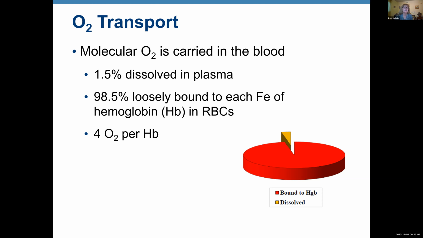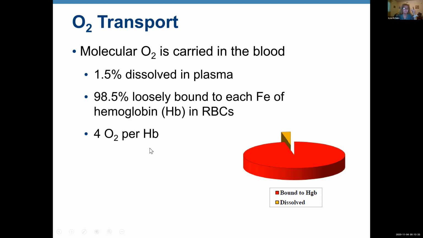Red blood cells' major job is to transport oxygen, and they have this hemoglobin molecule. Hemoglobin means globin is protein, and heme is this pigment that has iron.